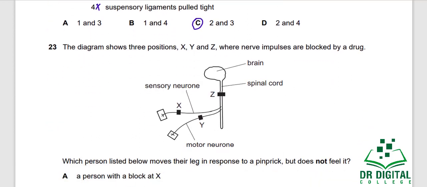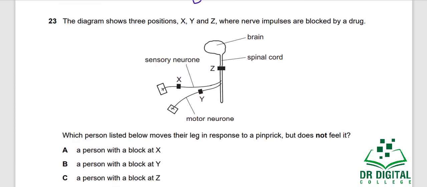In question 23, the diagram shows 3 positions X, Y and Z where nerve impulses are blocked by a drug. You know that this is the sensory neuron, so the message is moving in this direction on X, and it will be going to the brain just to inform, while the pupil reflex will come back from here to here through the motor neuron.